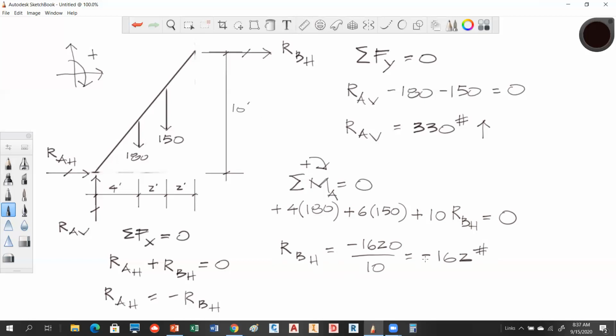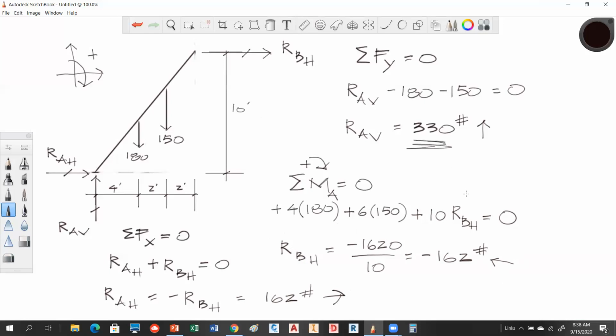So what is the negative sign saying to me? Is that RBH is not to the right, it's to the left. So when you plug negative 162 back into here, a negative times a negative means that RAH is equal to a positive 162, and it's acting this way, which should make sense.